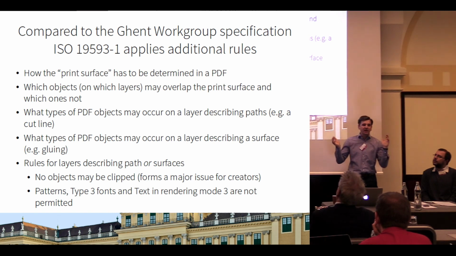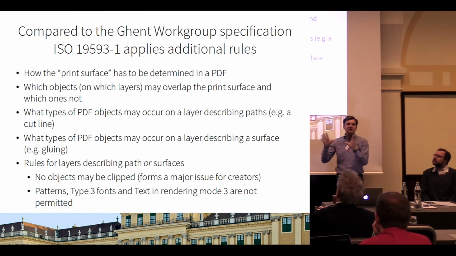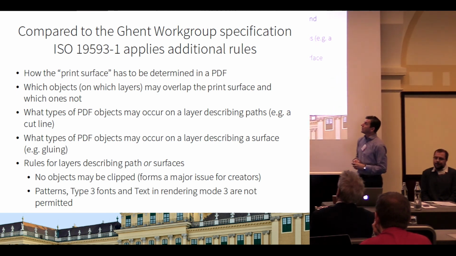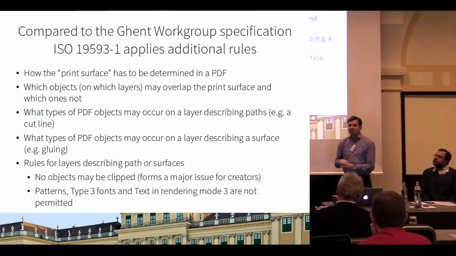For instance, may a cut line, the layer for a cut contour, have images on it? Usually that doesn't make sense because a cutter cannot interpret an image as a cut contour. The Ghent Workgroup specification has a little bit of specification for that, and this is much more extensive in the ISO standard.